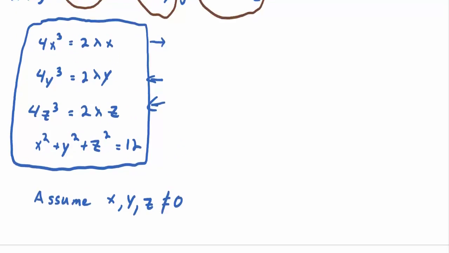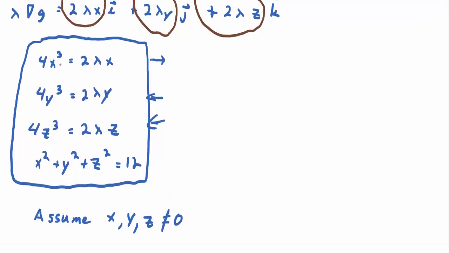If that's the case, can't I greatly simplify these equations? I could divide out a 2 and an x in the first equation, right? What does that leave me with? 2x squared equals lambda. And to be very pedantic about it, I'm going to write it down again: this is assuming x does not equal 0.